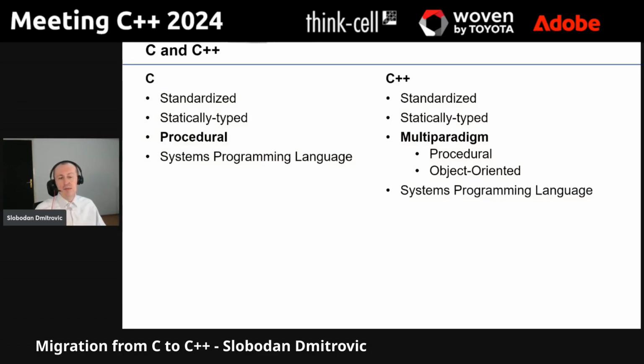But this is where it starts to, shall we say, differ or deviate from the C language, because it's a multi-paradigm language, meaning that it supports multiple programming paradigms. So you can either use it as a procedural language, or you can use it as an object-oriented language, or perhaps some combination of the two. And it is also a programming language used for developing systems of various kinds.